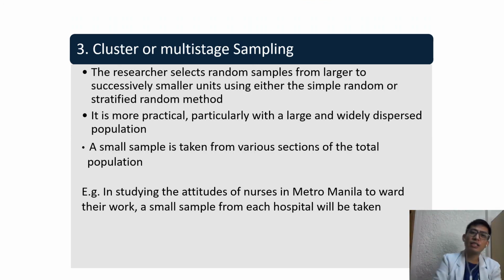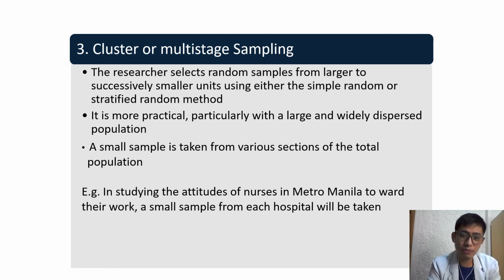Cluster or multi-stage sampling, the researcher selects random samples from larger or successively smaller units. It's more practical, particularly with large and widely dispersed populations. A small sample is taken from various sections of the total population. An example is studying the attitudes of nurses in Metro Manila towards their work.